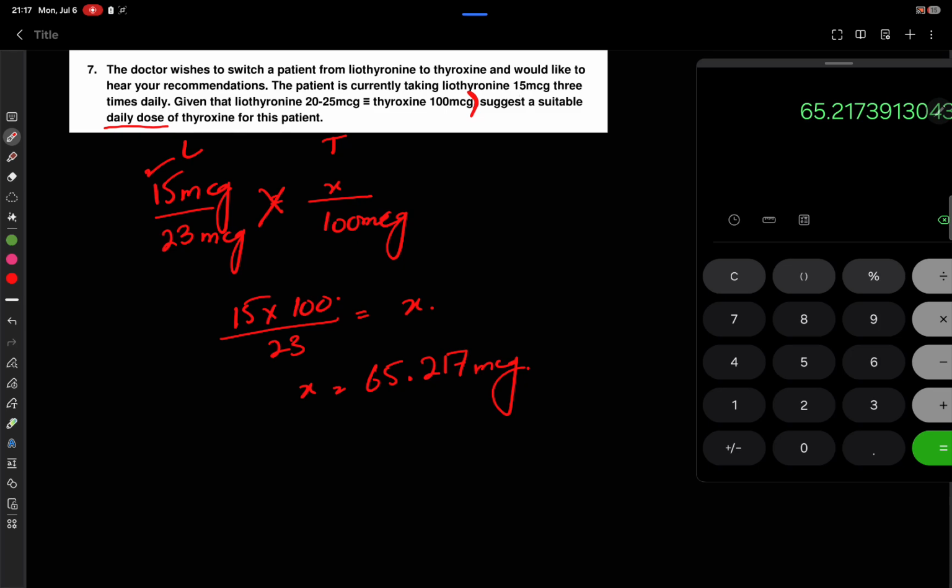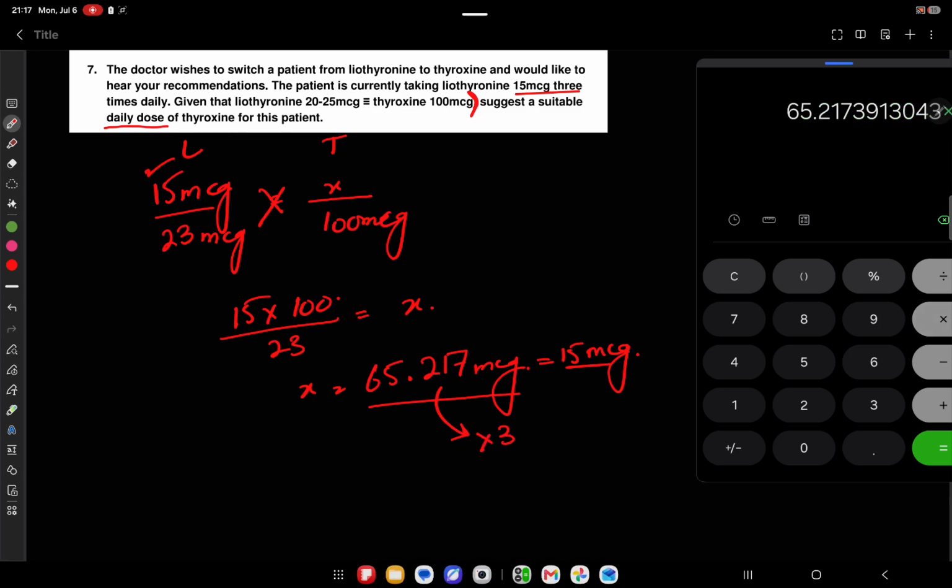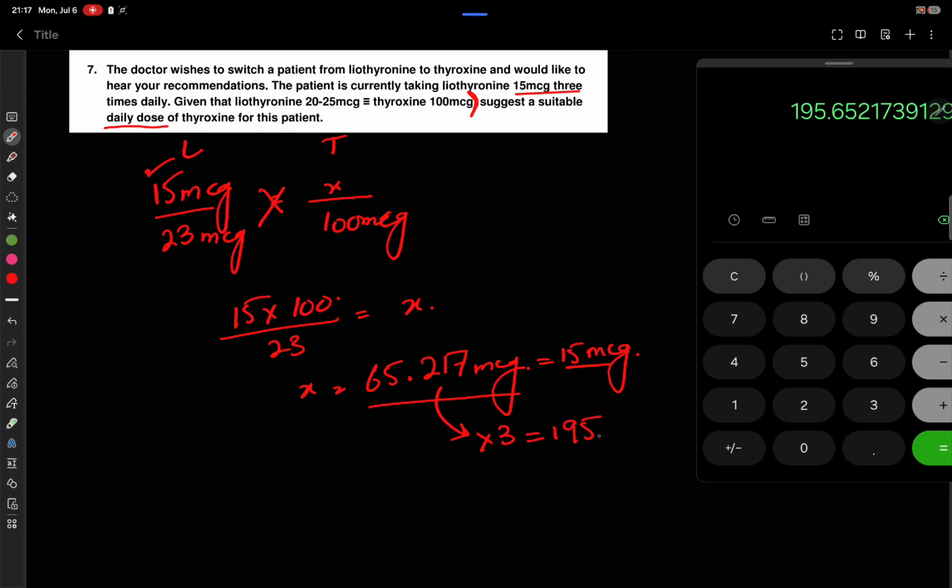The liothyronine dose was 15 microgram three times a day, and this is the equivalent of a one-time dose only, so we multiply 65.217 by 3 and get 195.65. It's difficult, so you can just give 200 microgram a day.